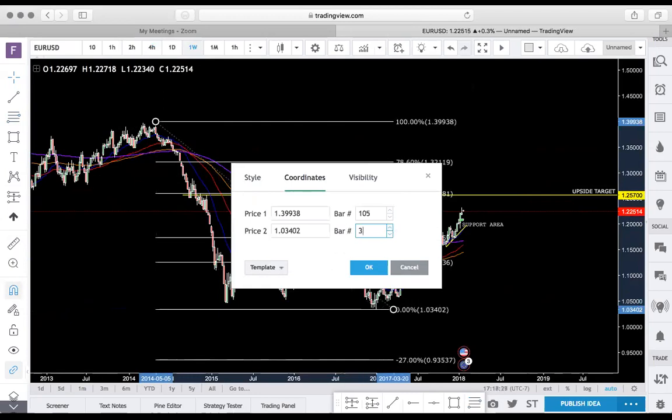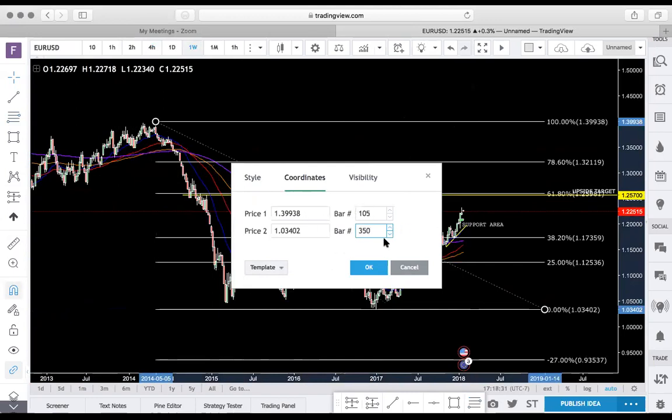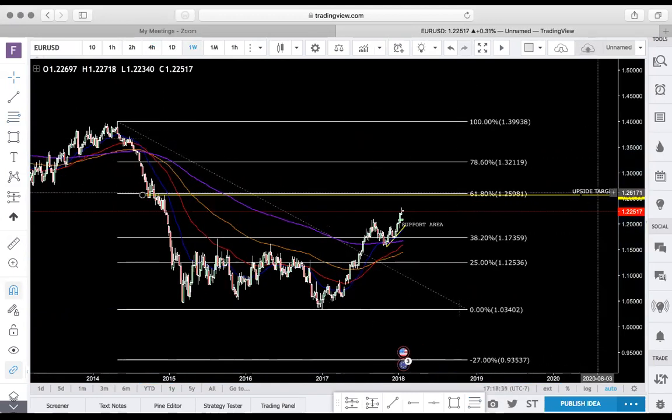Just call it 350 here. You can see that's where I have my upside target at the 61.8, 125.9. 0.981 is the exact numbers.